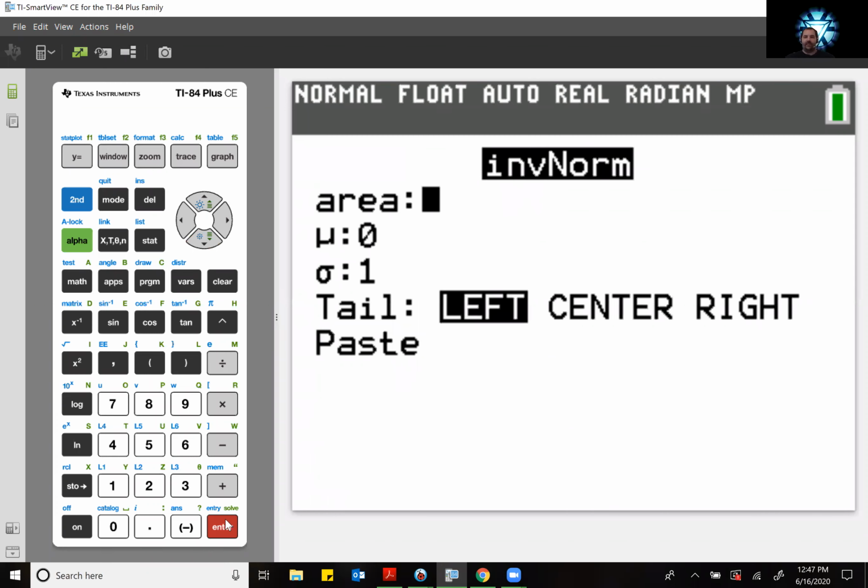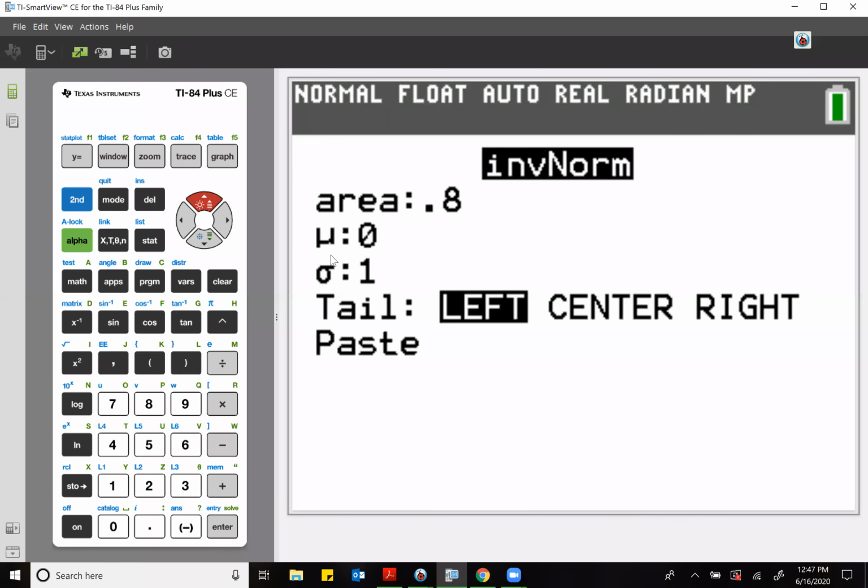The area, again, this is a percentile, so it's got to be a decimal. So what's the area? 0.8. Okay. And then you put in your other piece of information, which is our mu, which is 98.3.